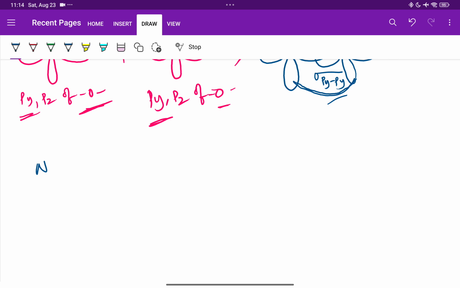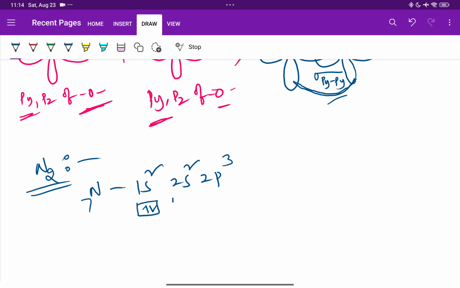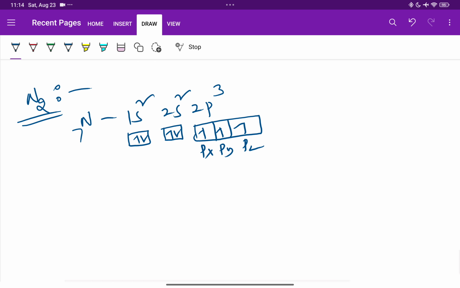And next, N2 formation. So nitrogen atomic number 7, you can write 1s2, 2s2, 2p3, not 5, because 7 electrons: 1, 2, 3, px, py, pz. So 3 unpaired electrons are there in the valency shell orbitals.